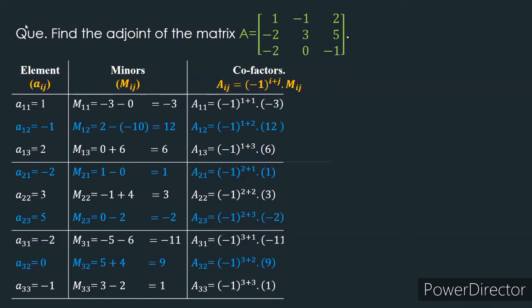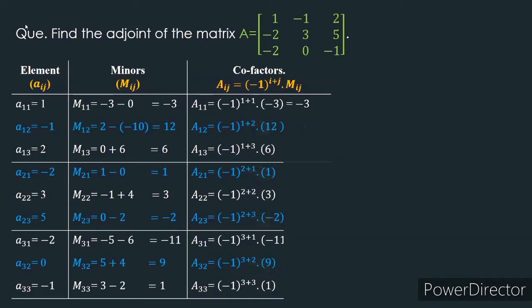Now you can observe that I have highlighted all those numbers with odd powers of minus 1 in blue color. So that is second, fourth, sixth and eighth. Now these values are going to change by their sign, and remaining values will remain as it is. So you can see minus 1 raised to 1 plus 1, which is minus 1 raised to 2, into minus 3 is minus 3.